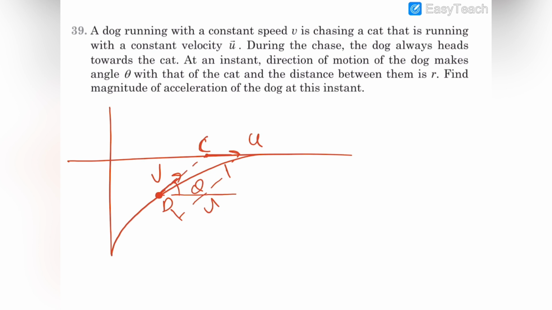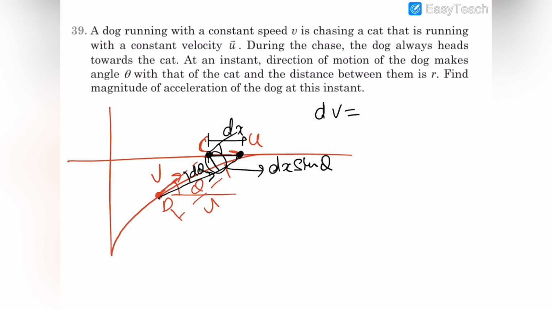So obviously, let's suppose this dog has moved by a small distance of dx. So the direction of velocity of the dog has changed like that, and this angle, obviously, will be theta, and this component would be dx sine theta. First of all let us write down dv, and let us suppose that this angle is d theta.